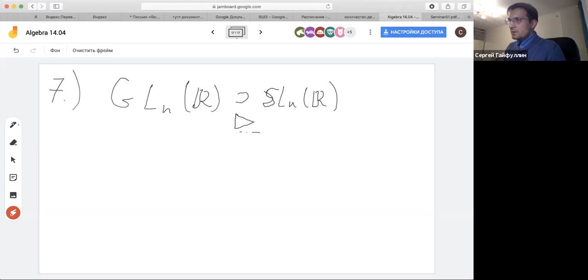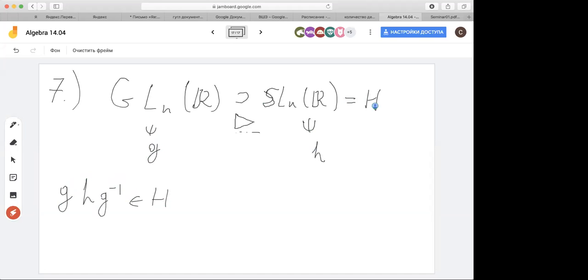We take an H from here and a G from here, and we need to show that GHG minus 1 belongs to H. H is the subgroup. Wait, didn't we have to prove that GH equals HG?